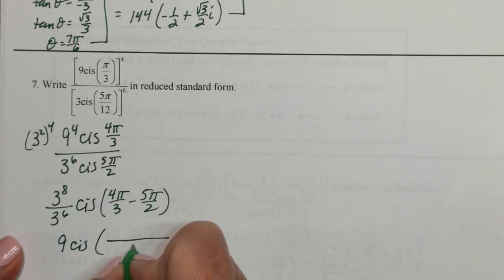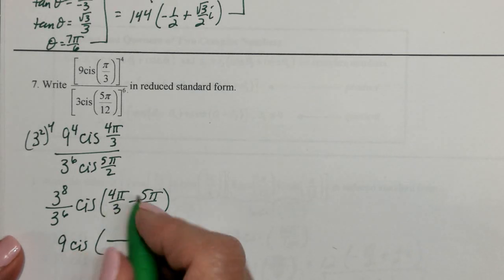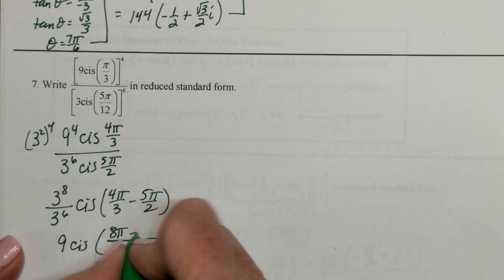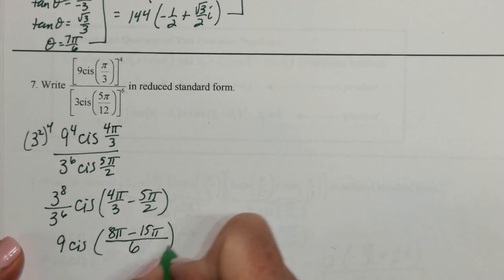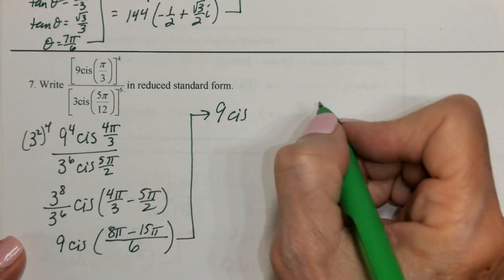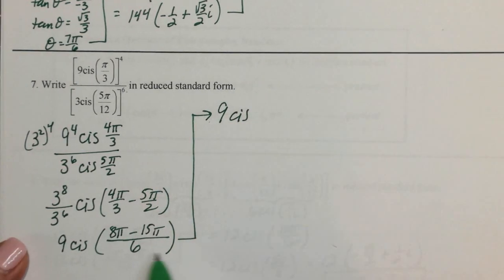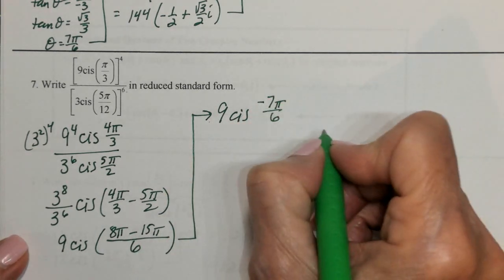Common denominator time, the common denominator is 6. Need to multiply the 4 pi times a 2. Need to multiply the 5 pi times a 3. And we get 9 cis of 8 pi minus 15 pi, which is negative 7 pi over 6.